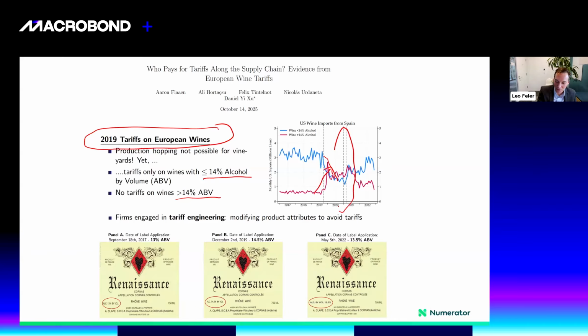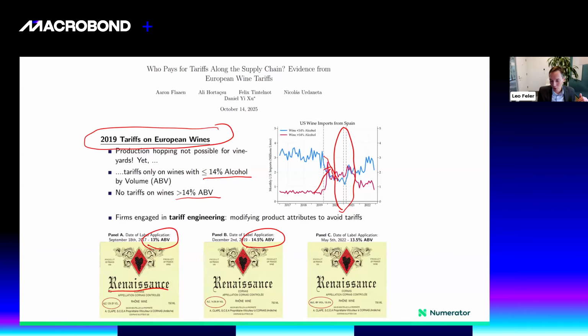We eventually got rid of these tariffs, but let's zoom in for a moment on some of the very creative things that companies can do, right? So there used to be this wine, Renaissance, and they had a 13% ABV. Now, if your wine has less than 14% ABV and is tariffed, what can you do? Well, you can just make your alcohol hit a little bit harder. And so suddenly the alcohol content was 14.5% ABV.